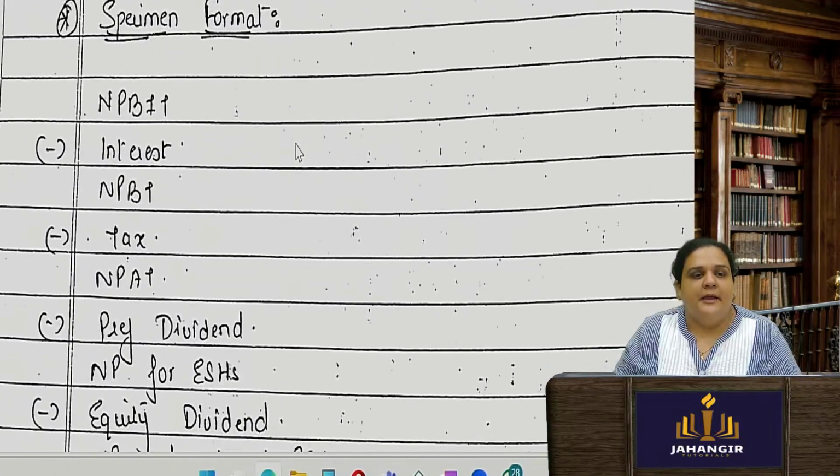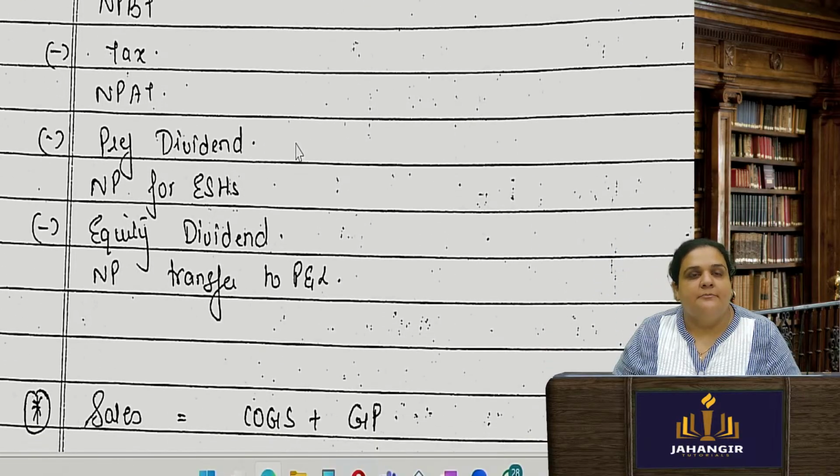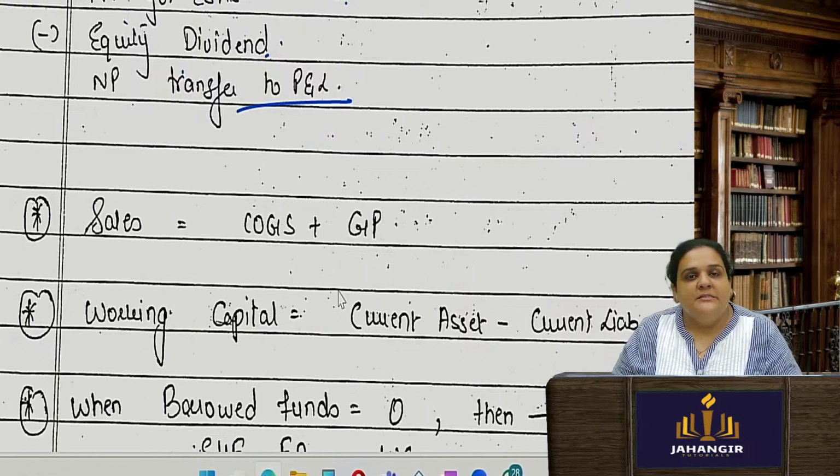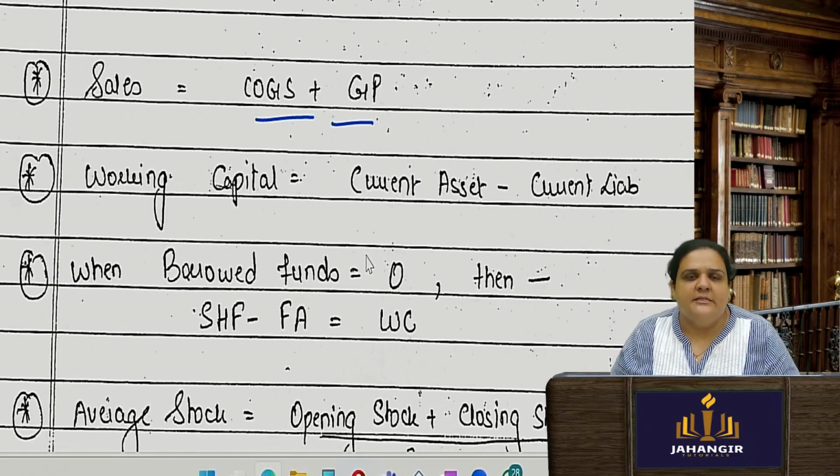Then NPBIT, interest, NPBT, tax, net profit after tax, preference dividend, net profit for equity shareholders, minus equity dividend, transfer to P&L. Sales is COGS plus gross profit. These are certain important formulas. What is working capital? Working capital is your current assets minus your current liabilities.